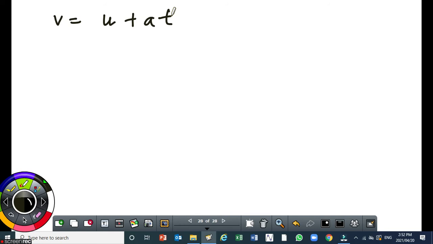Now, if you want to make T the subject, we want to isolate the T. What would be the first step? It will be specified in the question: make T the subject.